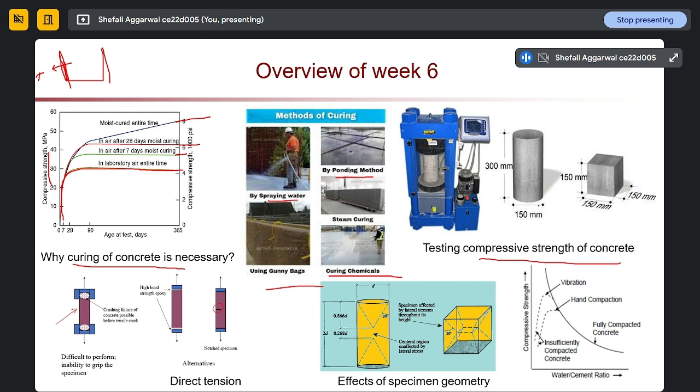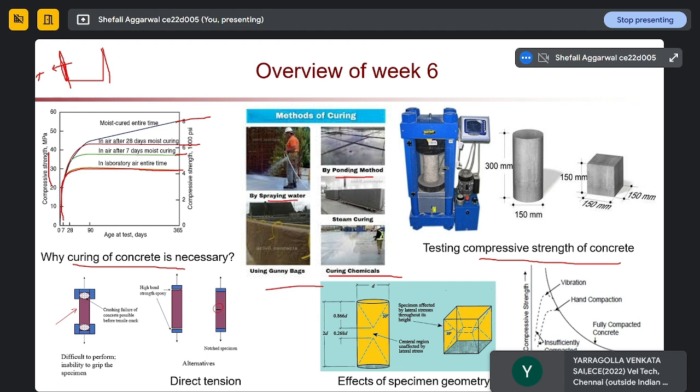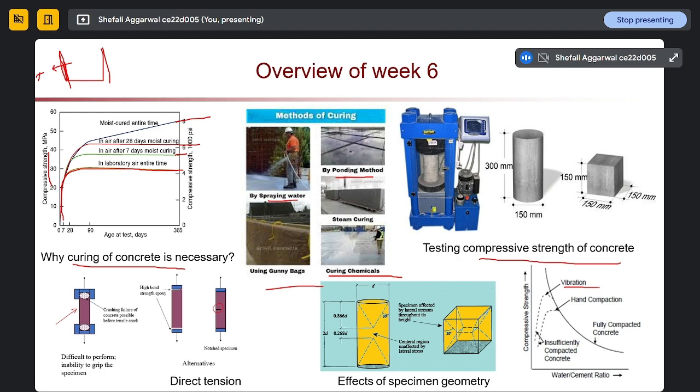Then, if we have too much C3A, too many aluminates, there are chances of formation of ettringite. This is the complete step of how, when we are adding water to different compounds, nucleation will happen and hydration of cement will take place.